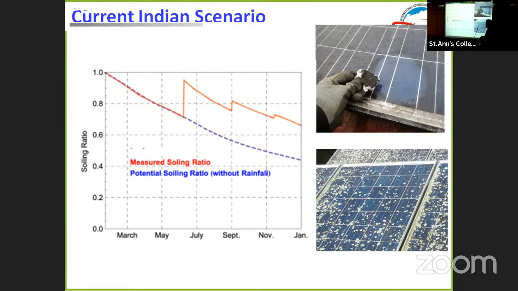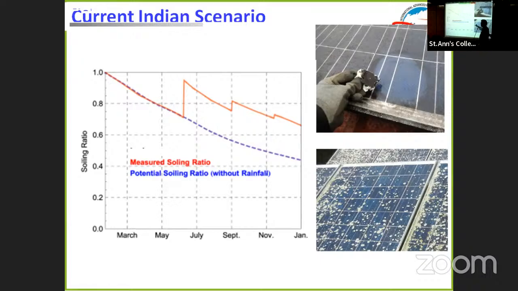So you see this graph. The origin, the starting point, is day one of the installation. You assume that the power is 100%. Okay, the big power plant, maybe in megawatt or gigawatt scale. You see that as a function of days, the power gradually decreases, right?